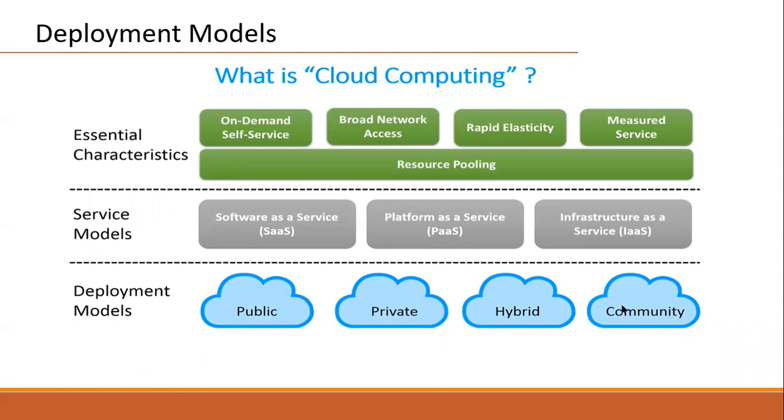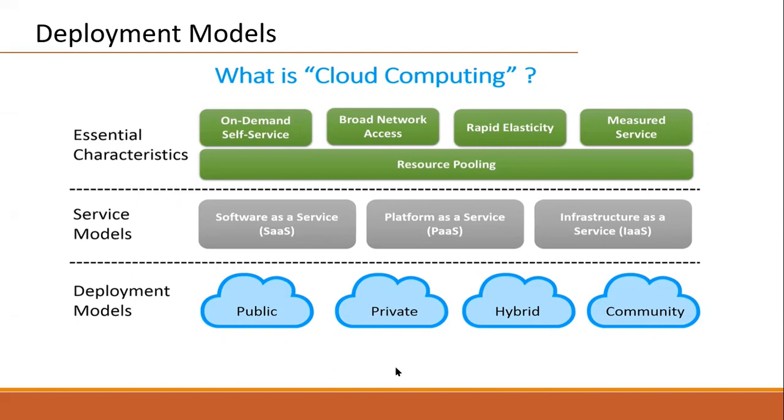Community means a similar community, like a hospital community or particular education related communities. But remember, whenever we say cloud computing platform, it refers mainly to public cloud, for all people. We just have to understand private and public cloud plus hybrid cloud.